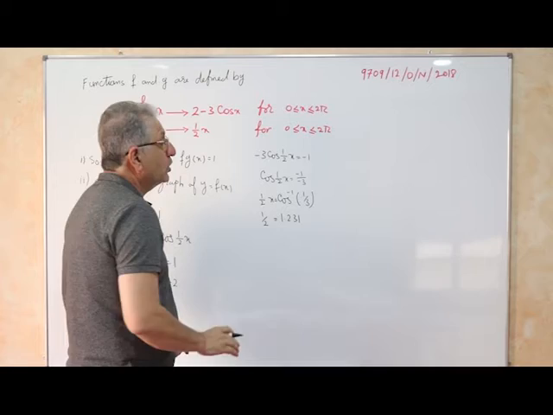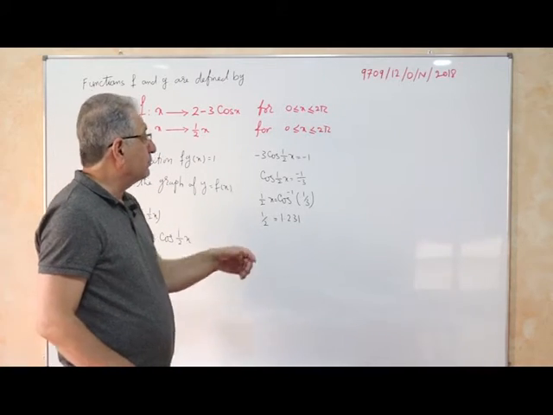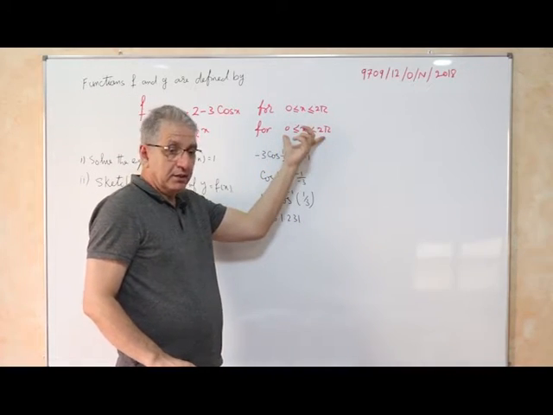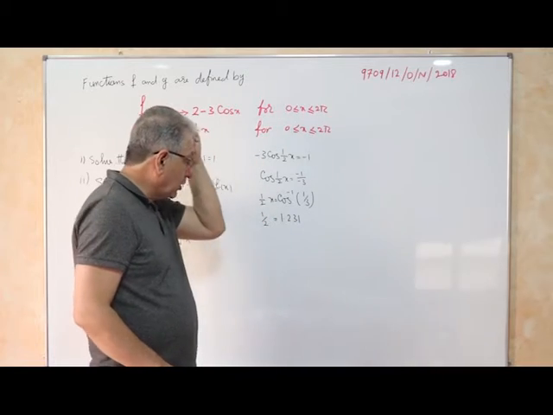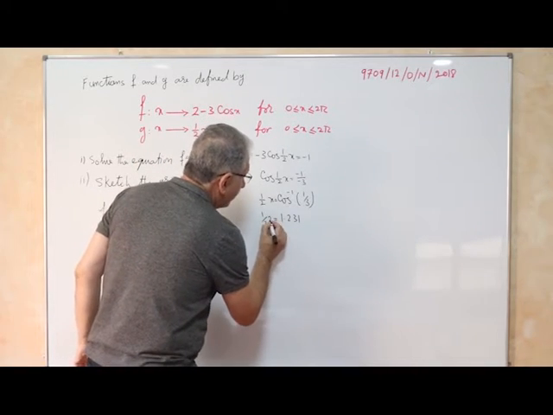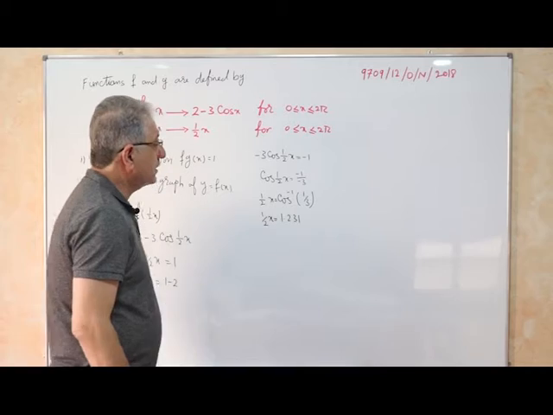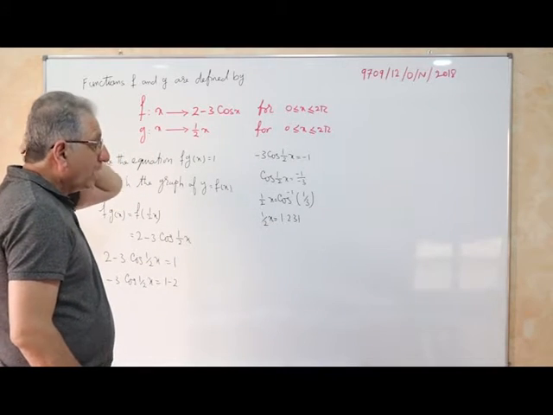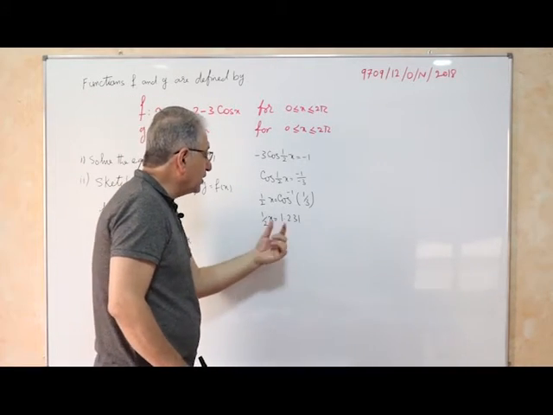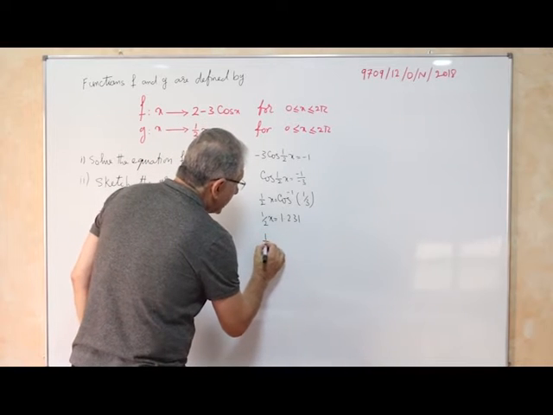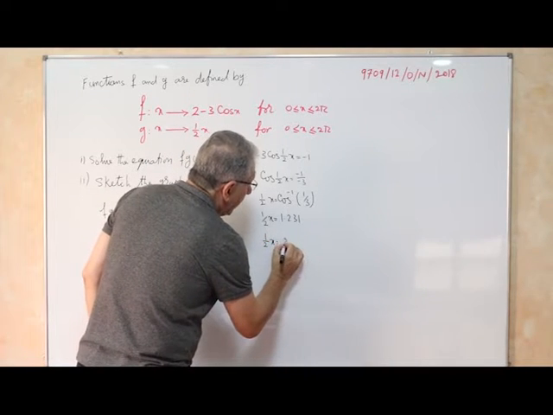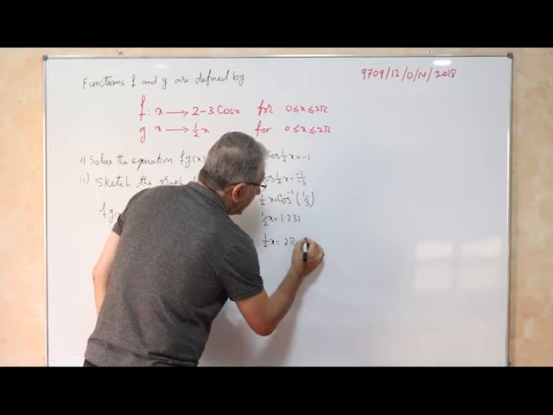Make sure your calculator mode is on radian, so you are going to get this answer. Now, this is half x. There is another value for half x, which is actually 2 pi minus this value.